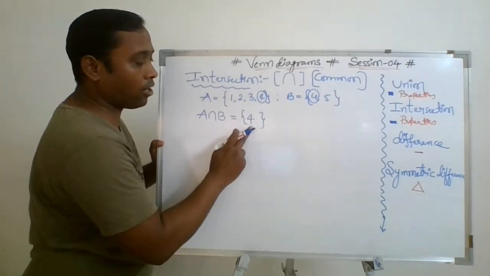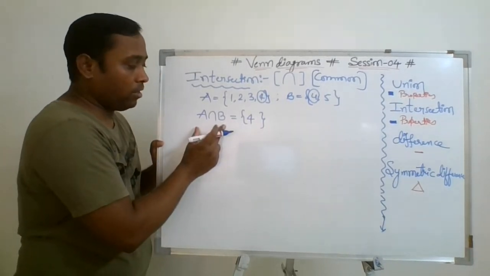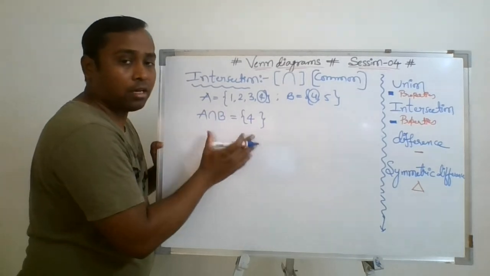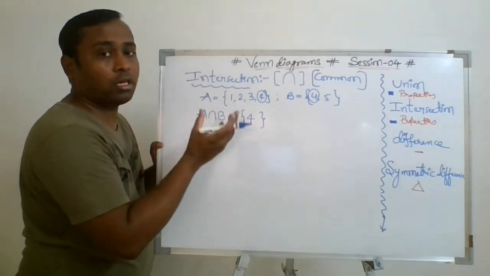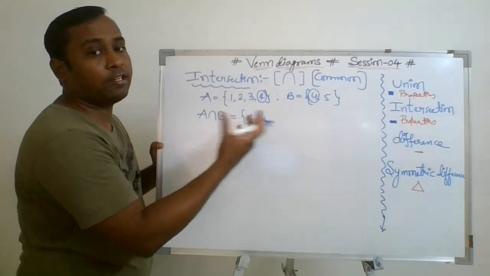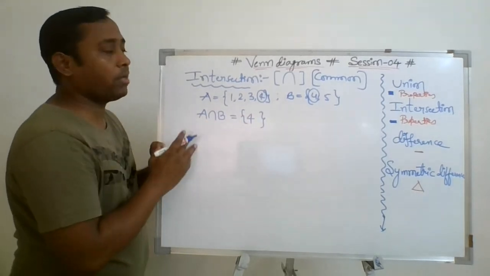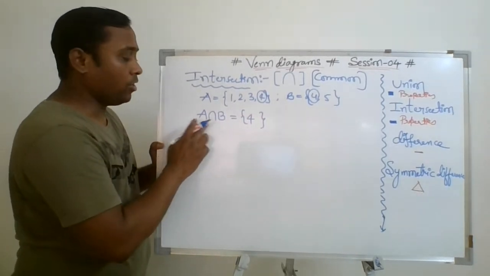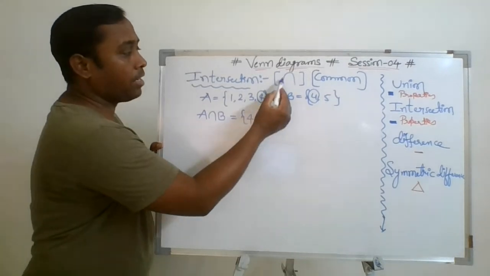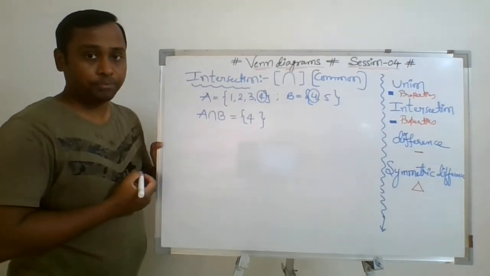Hence, 4 is the common element in A and B. So we are only focusing on the common elements in the given two sets. That is termed the intersection of these two sets, denoted by inverted U.